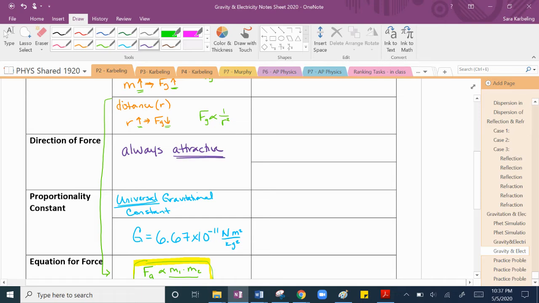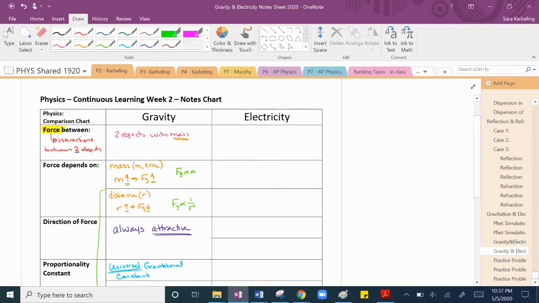It always, always pulls objects together. So any two objects that have mass will have an attractive gravitational force between them. Might not be very big, but it is always there. Okay, so there's gravity. We're halfway there.